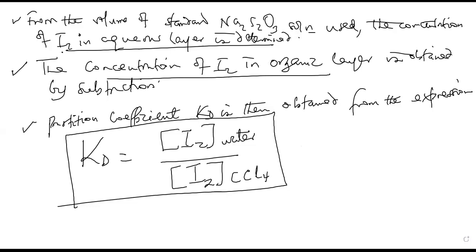From this we are going to another experiment. This one I will not write all the steps, but instead guide you. You can merge the steps. The steps are the same, only that you change the indicator and the standard solution.